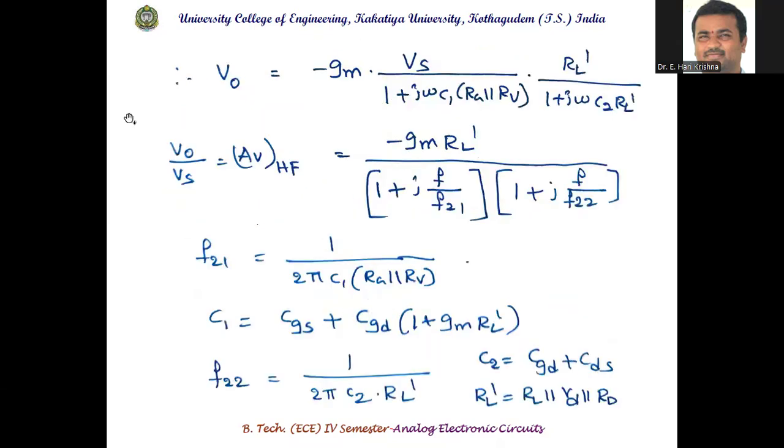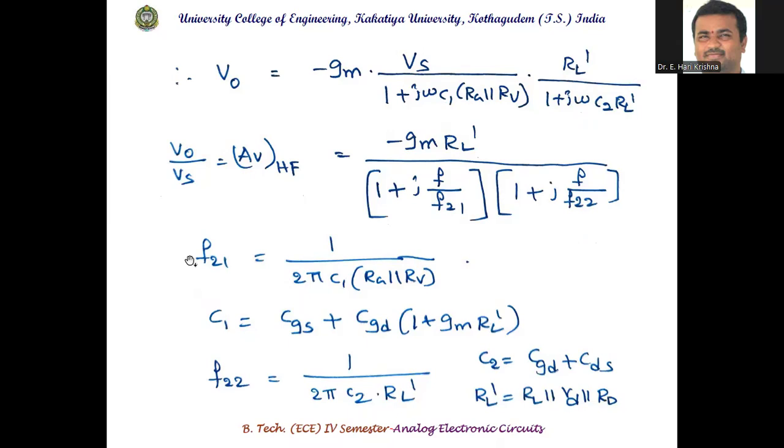Which becomes V naught equal to minus gm into Vs by 1 plus j omega C1 (RG parallel Rs), multiplied by RL dash by 1 plus j omega C2 RL dash. So the high-frequency voltage gain is equal to minus gm RL dash, divided by 1 plus j f by f21, times 1 plus j f by f22.